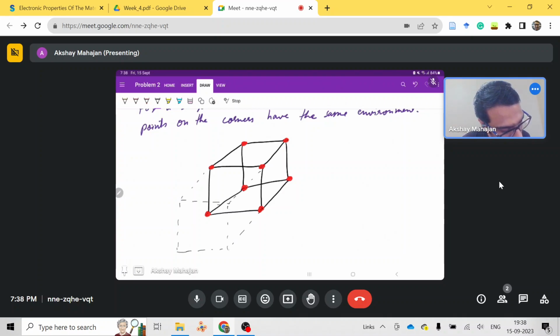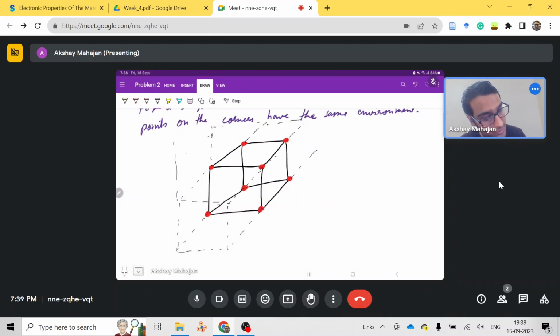You will have one here as well, and you can imagine one more cube in this direction, one on the top, and similarly one behind.